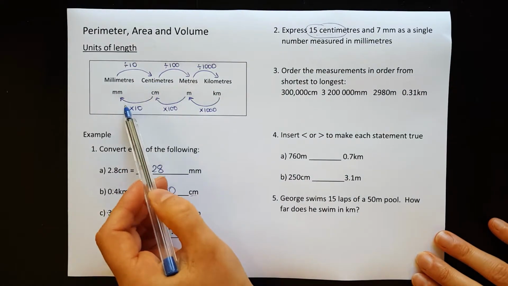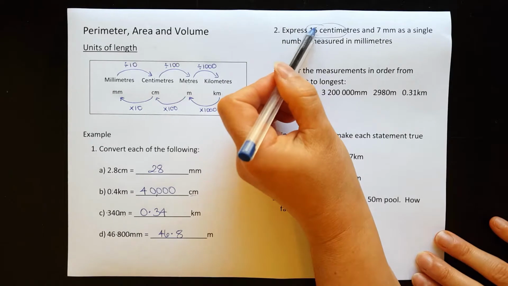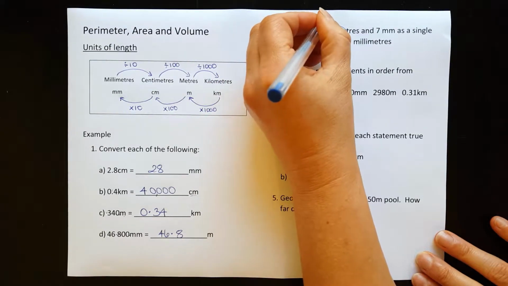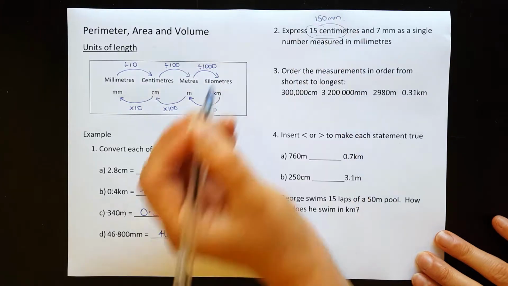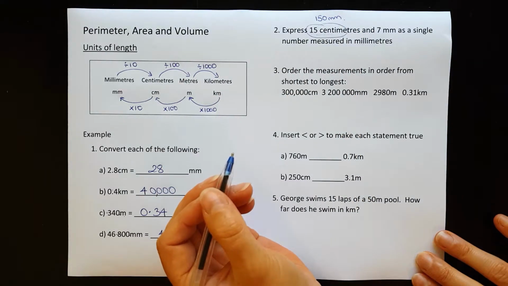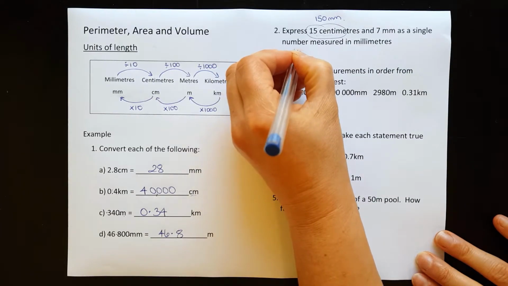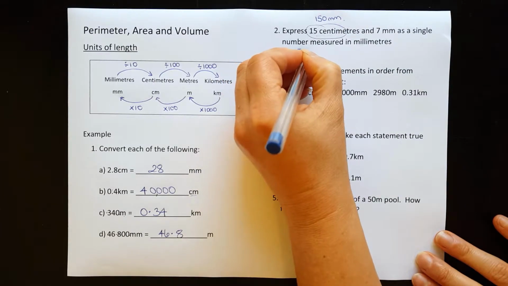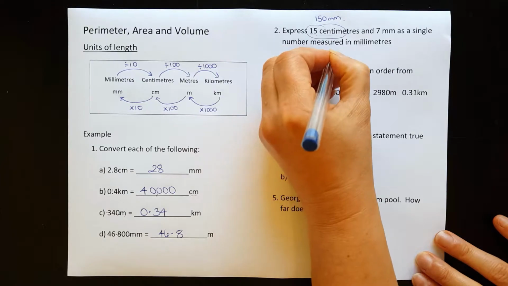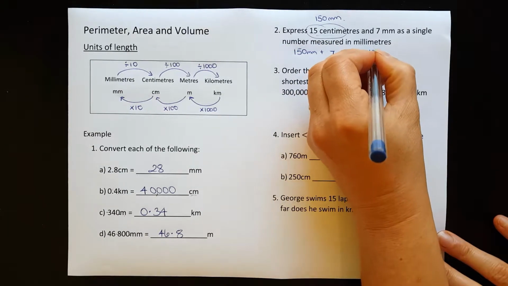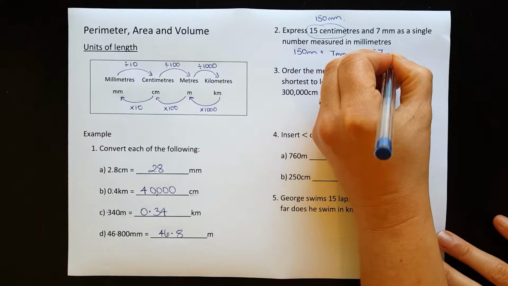I need to times by 10, which in this case means adding a 0 on, so that will be 150 millimeters. To put these two numbers together, I have 150 millimeters plus another 7 millimeters, which gives me a total of 157 millimeters.